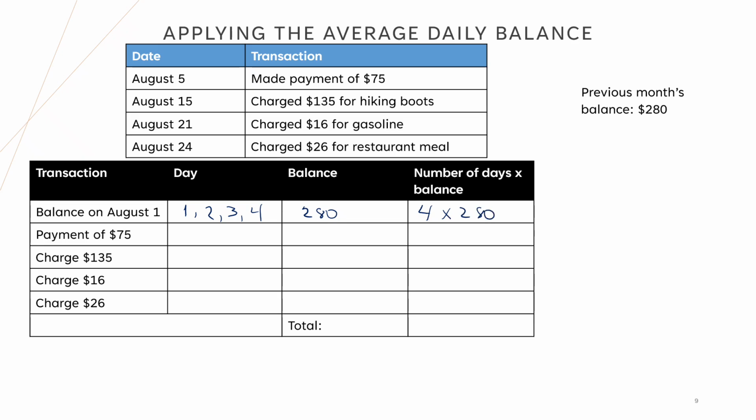Then when we make our $75 payment, that's true for days 5, 6, 7, 8, 9, 10, 11, 12, 13, and 14. And that balance is $205. So for 10 days, our balance is $205.